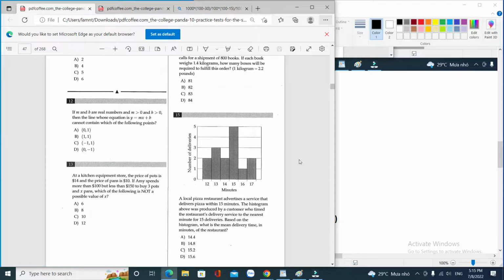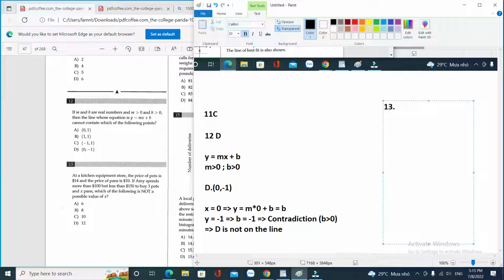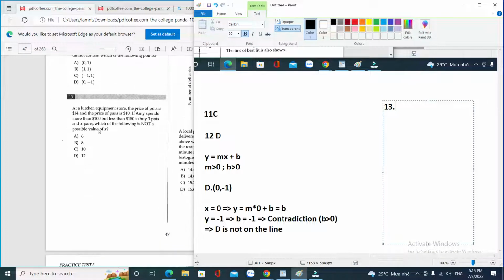Okay, number 13. A kitchen equipment store: the price of a pot is $40 and the price of a pan is $10. If Amy spent more than 100 and less than 150 to buy 3 pots and x pans, then 3 pots is 3 times 40, plus x times 10, the price of a pan.